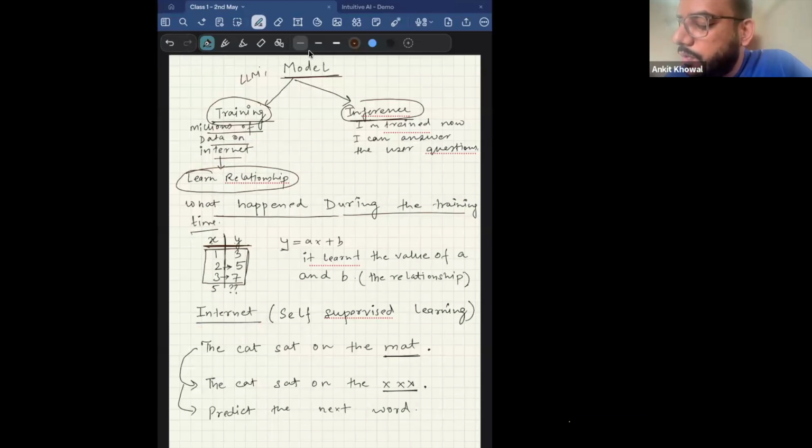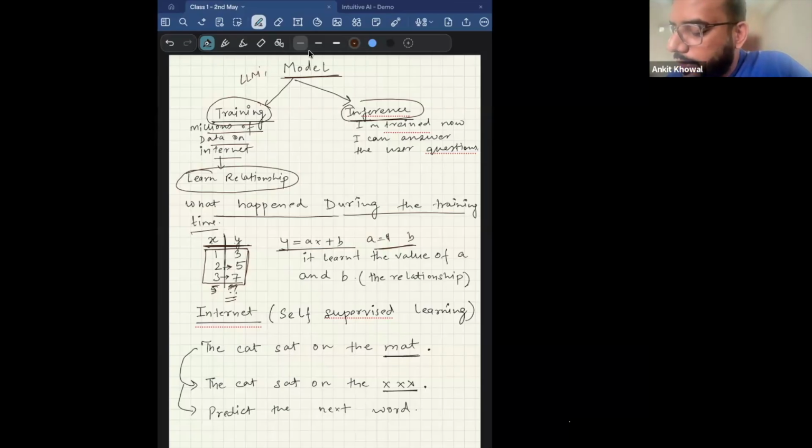The relationship between X and Y, which would be Y is equal to AX plus B. And it also learns the value of A and the value of B, which will help me answer what is the value of Y for X is equal to 5. So it can learn that also. So this phase is called the training phase of the model, right? Now, once it has learned all those things, it can do the inference. Inference means giving answers to the users.